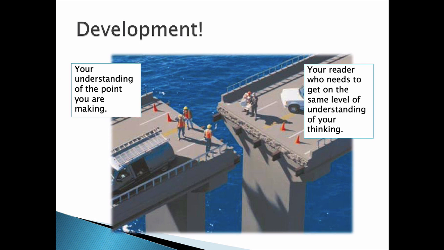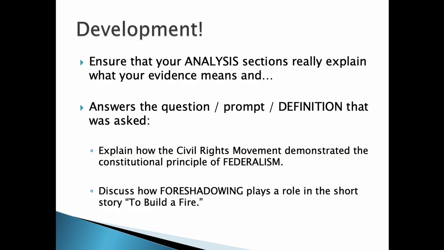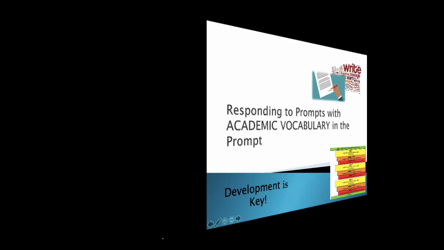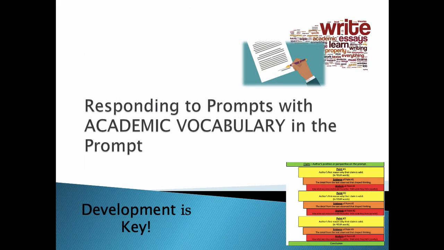So your job is to develop your analysis section. Write enough to clearly prove that the evidence says what it says and how it connects back to the definition of the term you are seeking to define. So that's about it on this stage 2 of our PEA paragraph addition.